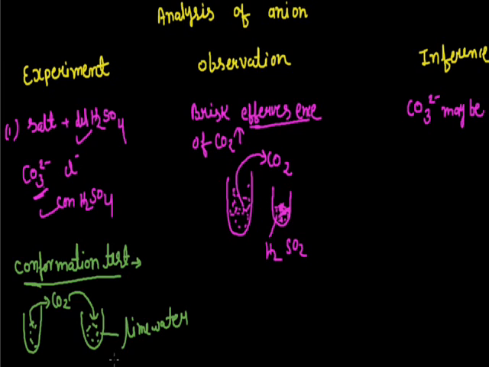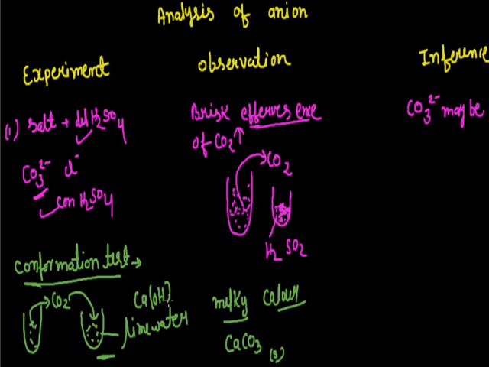The observation is that when CO2 gas passes through the lime water, the solution turns milky. This milky color is due to the formation of calcium carbonate, which is insoluble, a solid. Lime water is calcium hydroxide, so when CO2 passes through it, calcium hydroxide reacts and we get a milky color due to calcium carbonate.